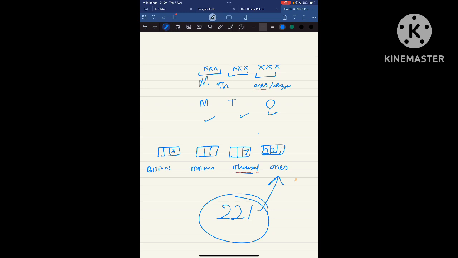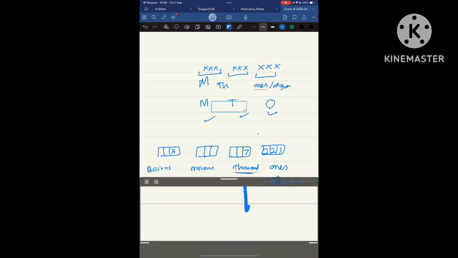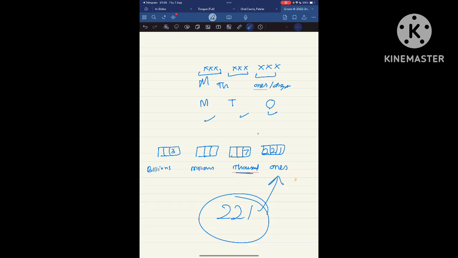What did I do now? The question says 3 billion. That's why I wrote the 3 in the billion column. If I write it in another column, it is 30 or 300. But the question says 3 billion.